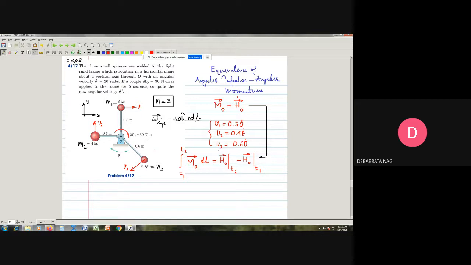In this case, we are going to take the whole thing about the z-axis. So we can say from this equation that it is integration from t1 to t2 of M O dt, taking the z component of the whole thing, equal to H O at t2 minus H O at t1.